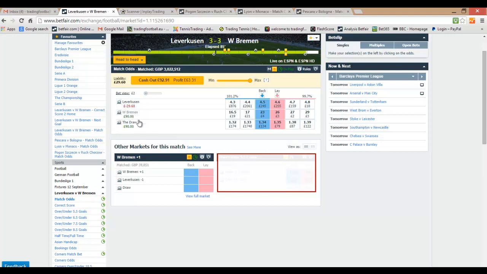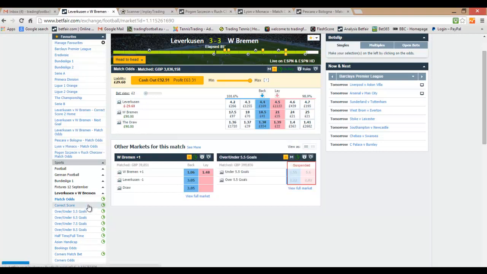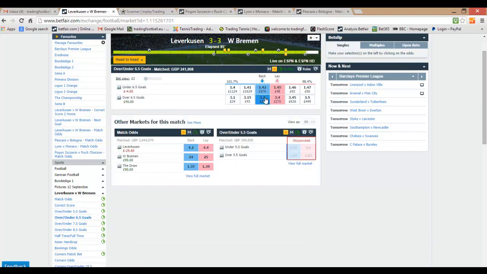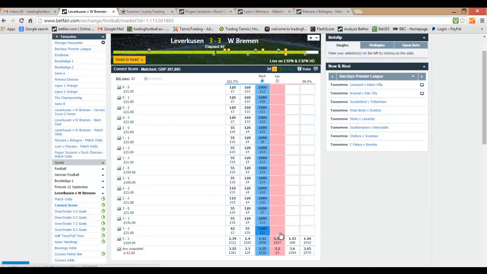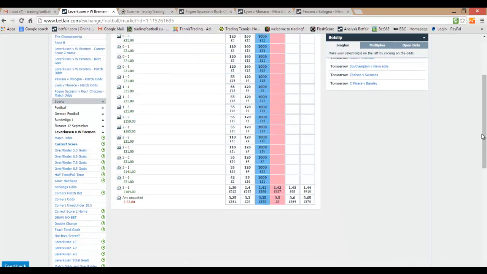And what you've seen in this exercise is that I used that green on the 3-3 by laying it at various points throughout the game when goals went in. So yes, obviously it reduced the green from £405 down to £104 by the 85th minute, and I'd laid it 4 times by that point. So the last lay under 6.5 has gone in.